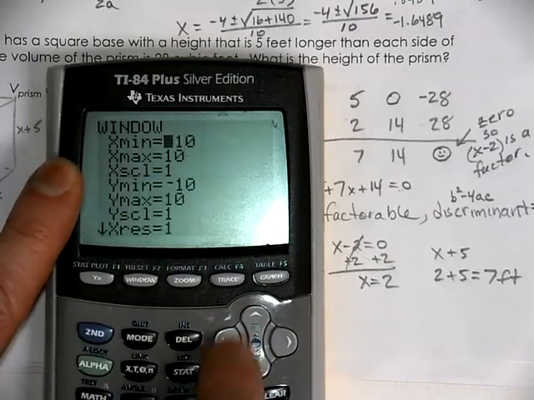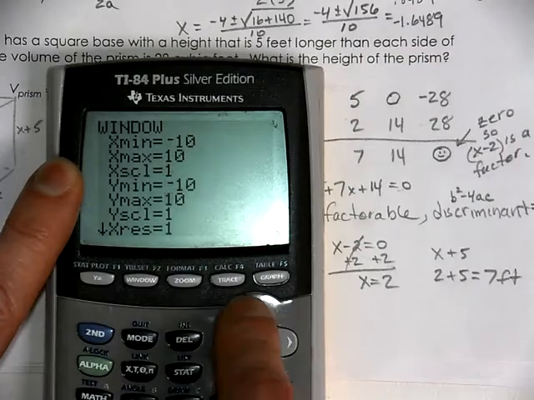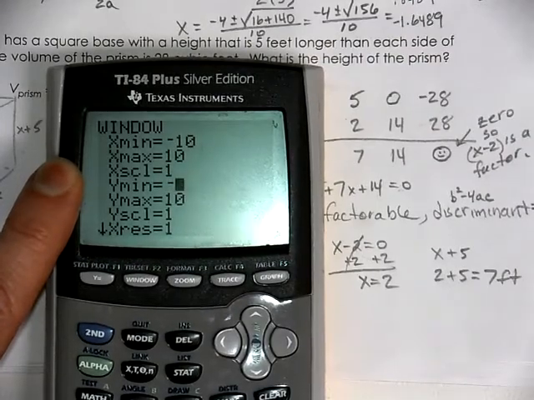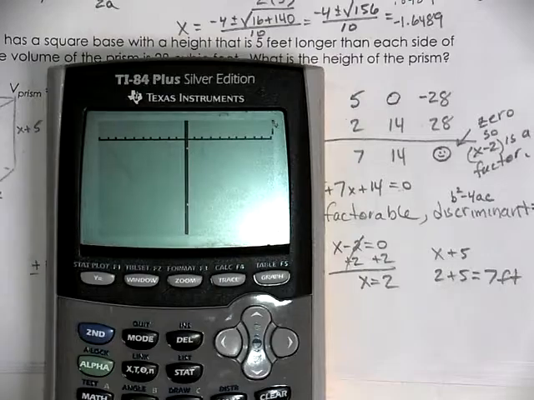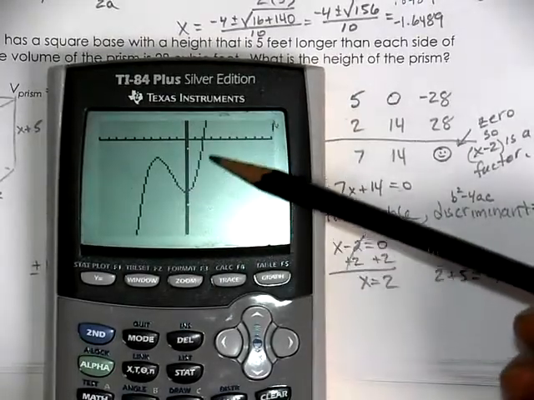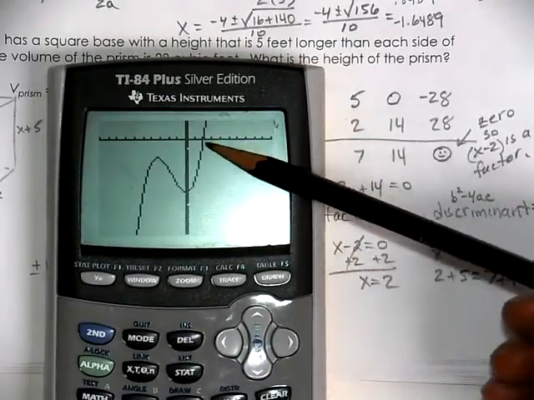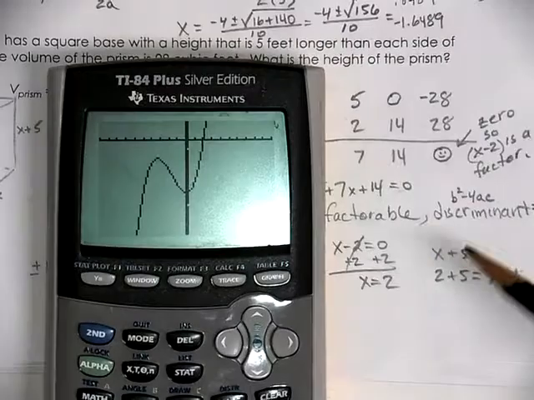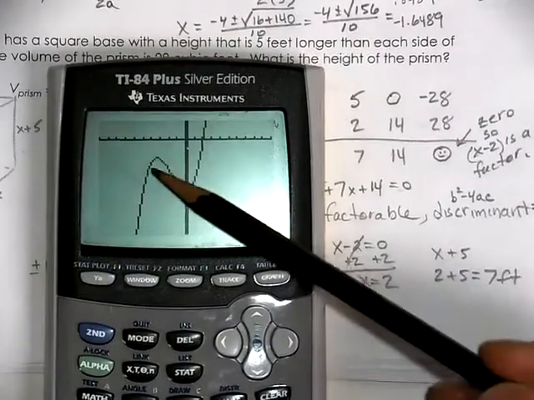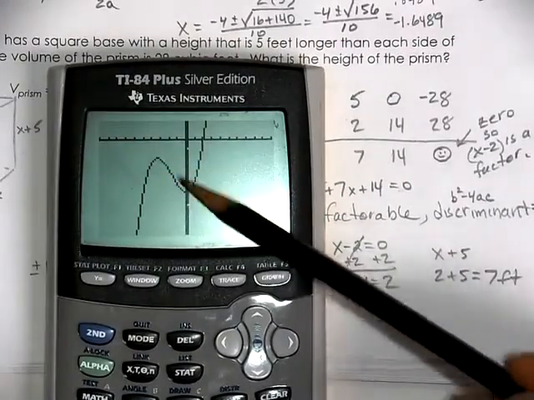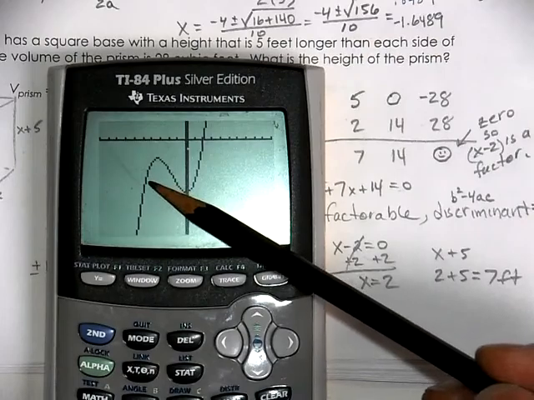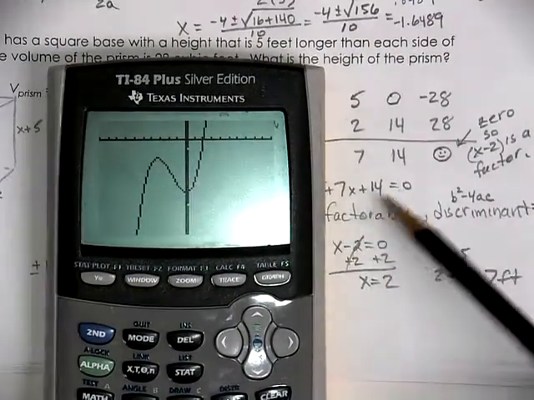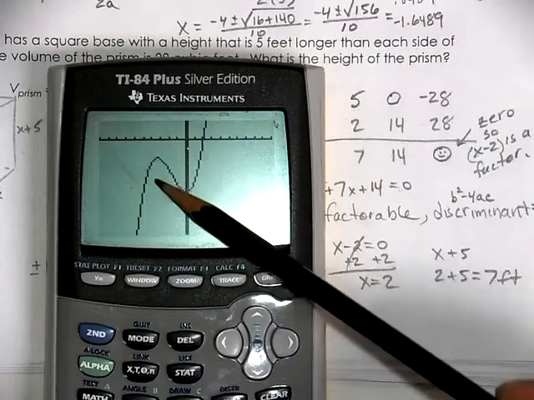We can drop way down if we want, so we can see farther down the line. You'll see that the graph is doing all this wiggling down here, but it only crosses up at one spot. It only has one solution. That's what the discriminant was trying to tell us. The other possible answers are not real answers. It seems like there's answers available, but those answers don't really exist.